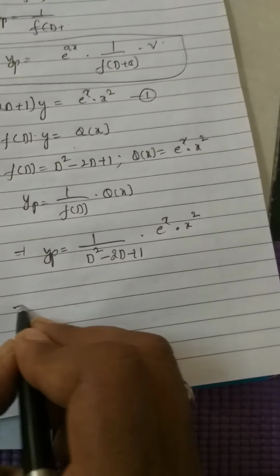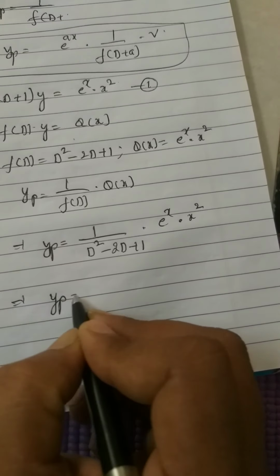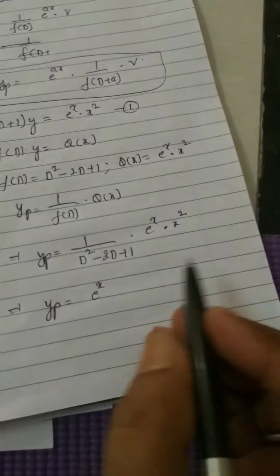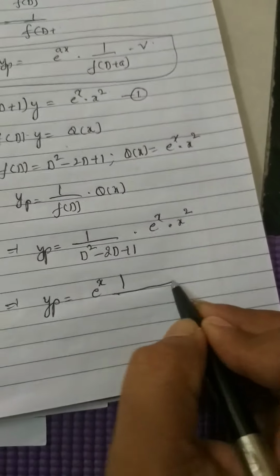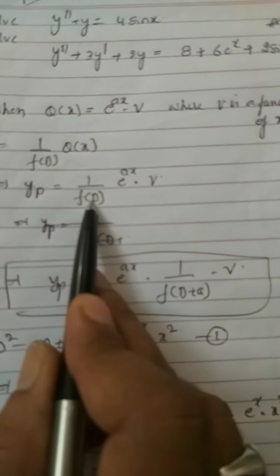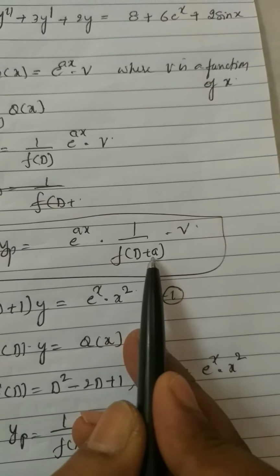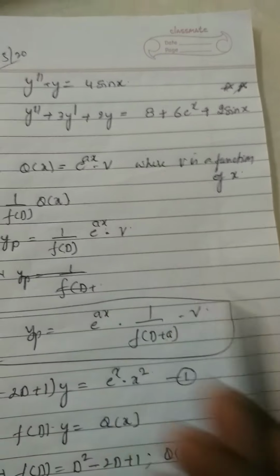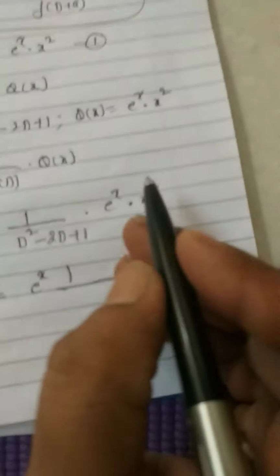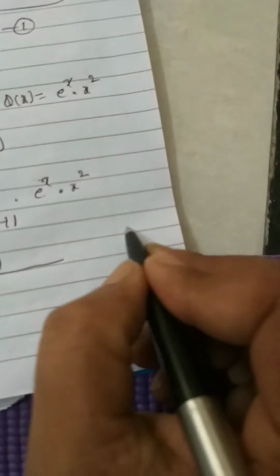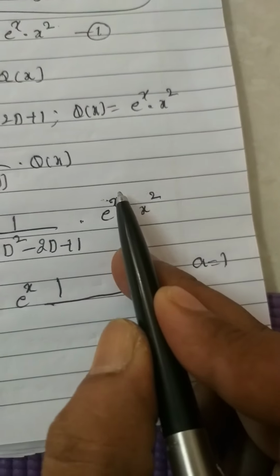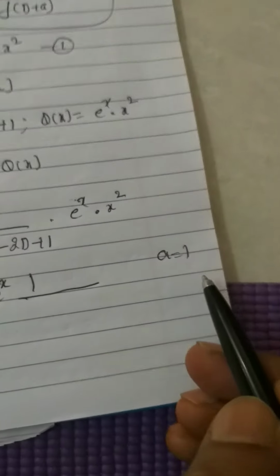Now you know the formula: yp is equal to, first of all, you are writing e power x outside, then 1 by, what is the procedure here? The procedure is D is replaced by D plus a. What is a here? The coefficient of x in the exponential function. What is the coefficient of x here? Here the value of a is equal to 1. In the exponential function e power x, the coefficient of x is 1.